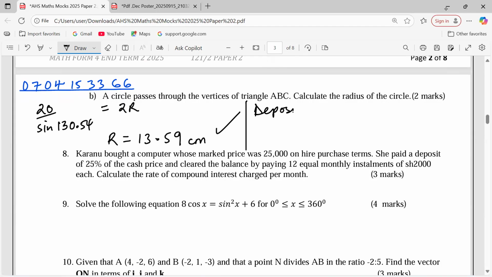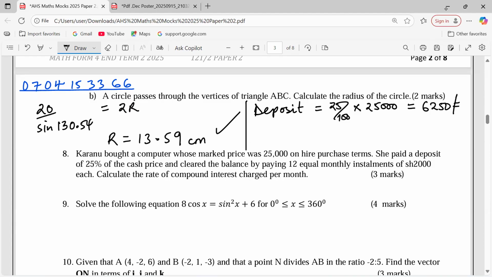So what was the deposit first? We're using just this space. The deposit is supposed to be 25% of the cash price. This is 25 over 100 times 25,000. So we are getting 6250.